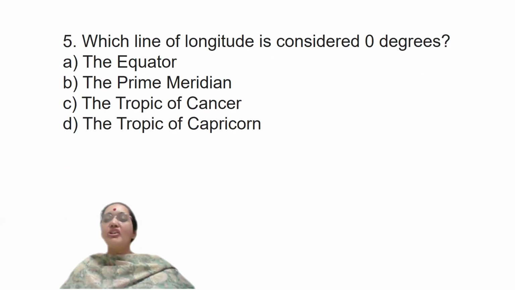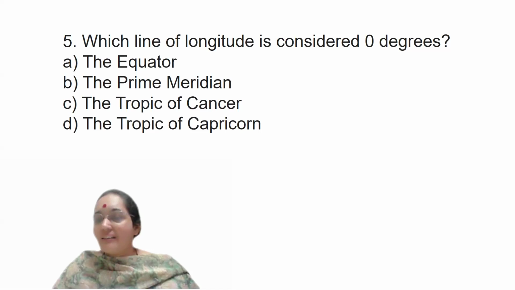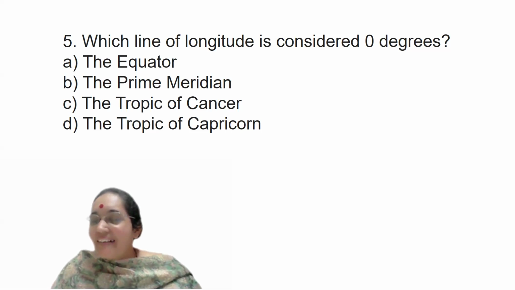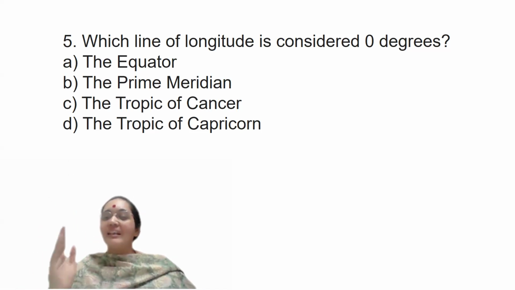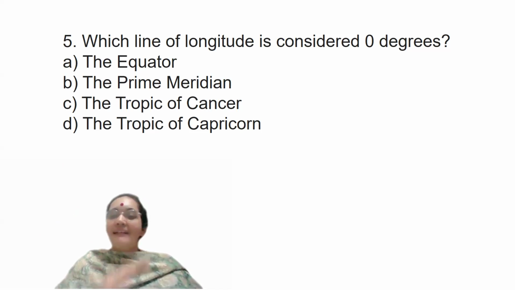Which line of longitude is considered 0 degree? Equator, prime meridian, Tropic of Cancer, Tropic of Capricorn. So this time it is the prime meridian. Longitude, keep that in mind.